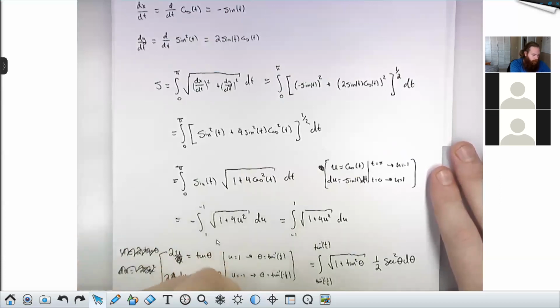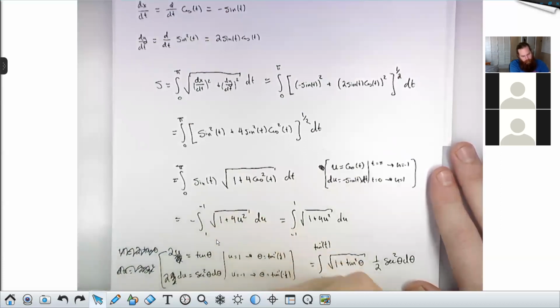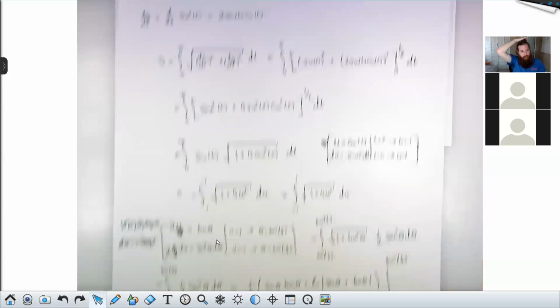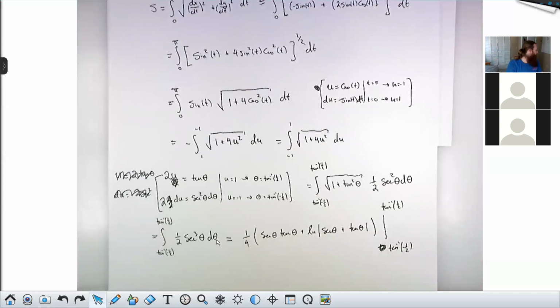So this is going to be 1/4 secant theta tangent theta plus natural log of secant theta plus tangent theta, all evaluated from the inverse tangent of negative 1/2 to the inverse tangent of positive 1/2. All right, be careful.